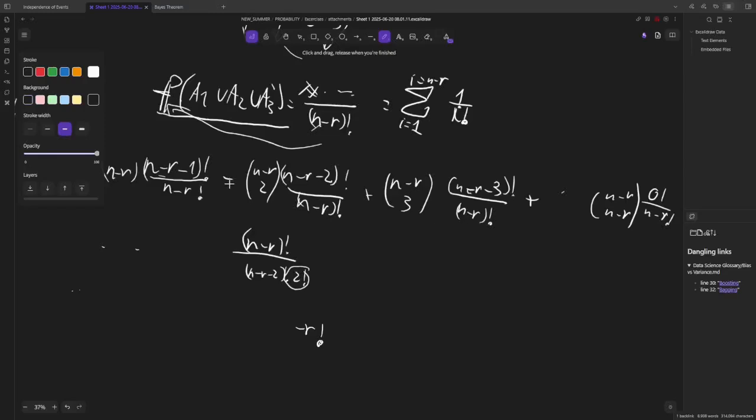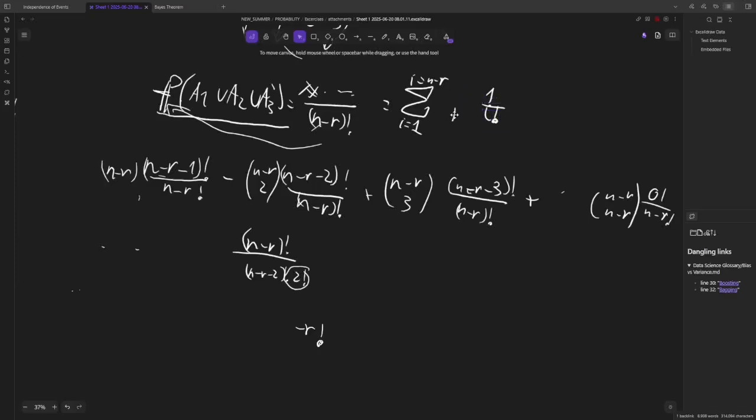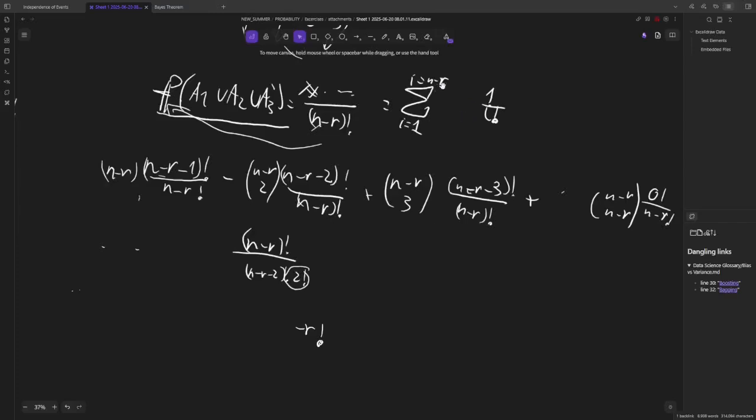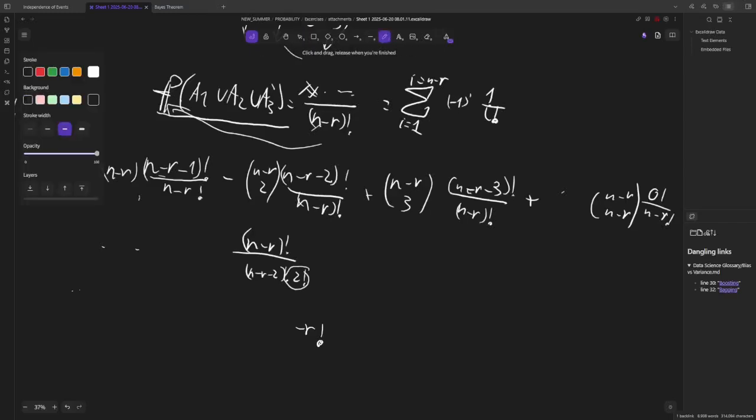And since the sign changes for each iteration, you will have minus 1 to the I plus 1, because the first one is positive.